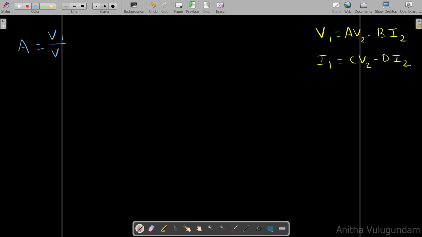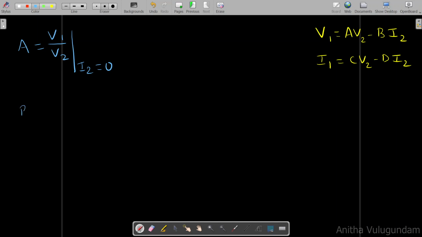Let us write the ABCD parameters one by one. Main equations are V1 equal to AV2 minus BI2 and I1 equal to CV2 minus DI2. From the first equation we can write A equal to V1 by V2 when I2 equal to 0.